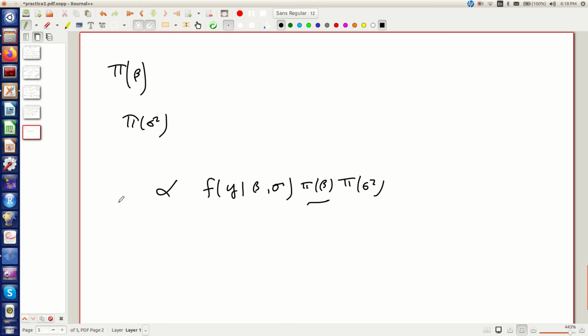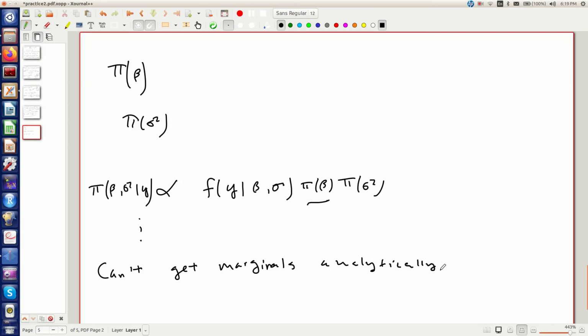And this would have been proportional to this. Okay, but if I had done it this way, everything would be different. And you can try that if you want to. But because I've specified the priors differently, I'm not able to get marginals for these. Okay, so if you do this, you can't get marginals analytically. Like we just did.